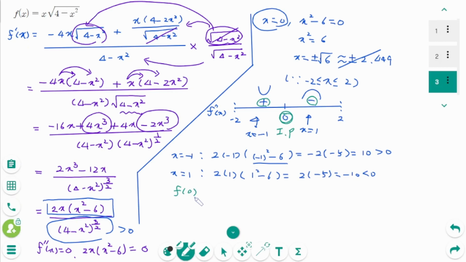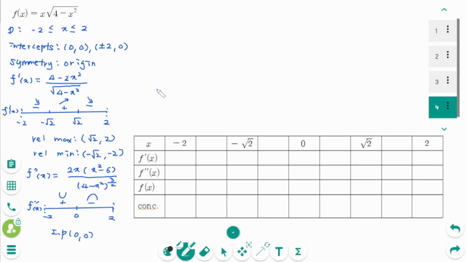Then f of 0 equals, use this, 0 times square root of 4 minus 0 squared equals 0. So the inflection point is (0, 0). Now we know x equals minus 2, f prime of x is undefined. x equals 2 is also undefined.